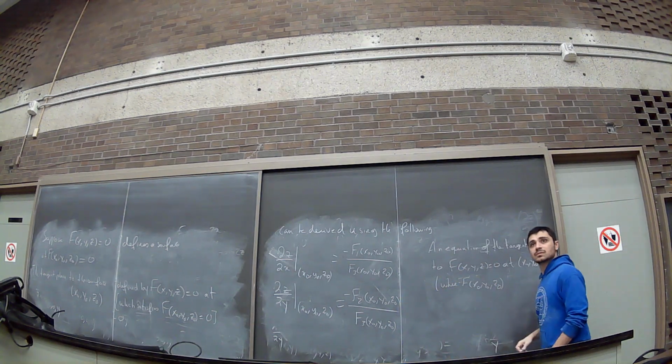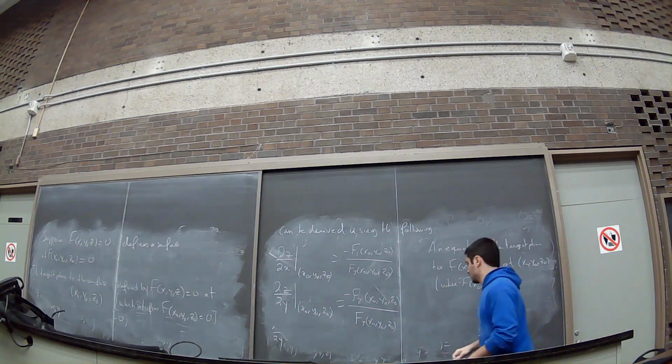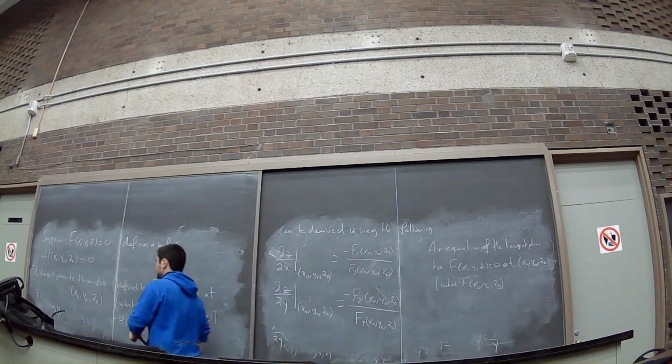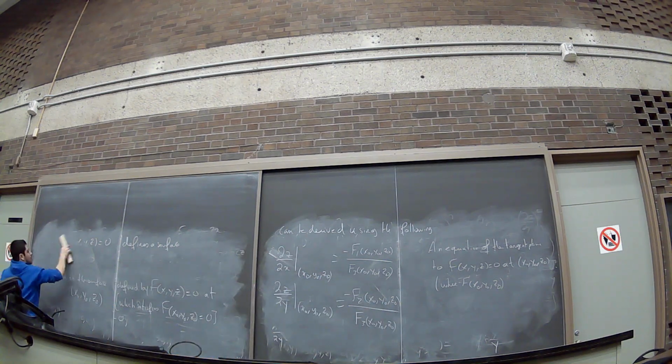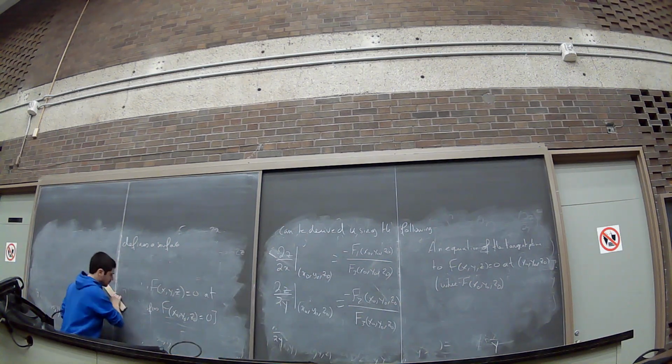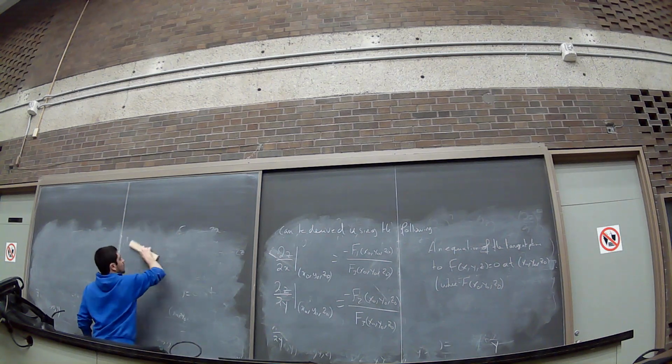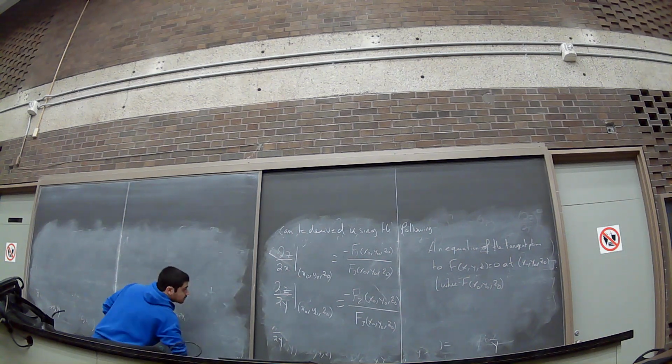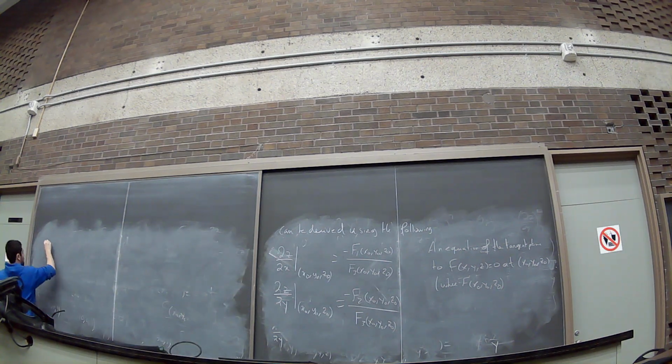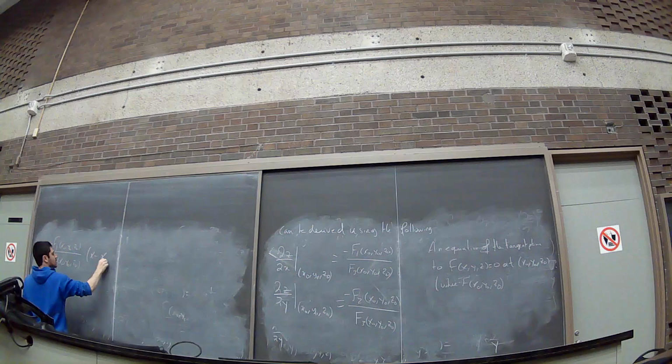What is that equal to? Let's try. Let's write it here. It's minus f1 at x0, y0, z0, over f3, times x minus x0, right?